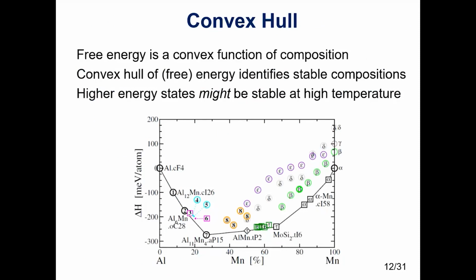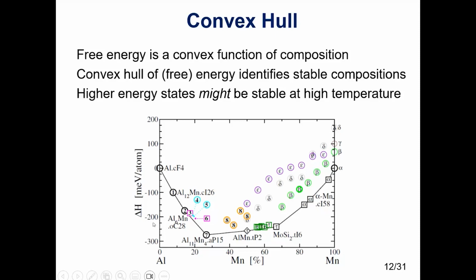Well, a particular limit of that would be the limit as temperature goes to 0, where instead of a free energy, we just have energy. But because these are relaxed energies, relaxed at 0 pressure, the technical term for energy is enthalpy, and the symbol for enthalpy is H.